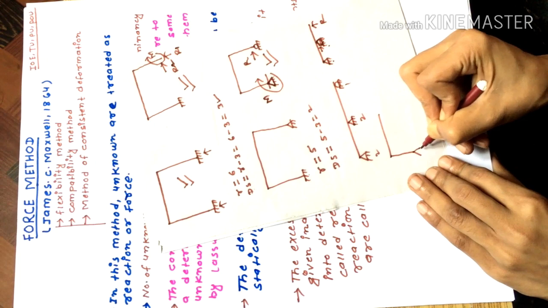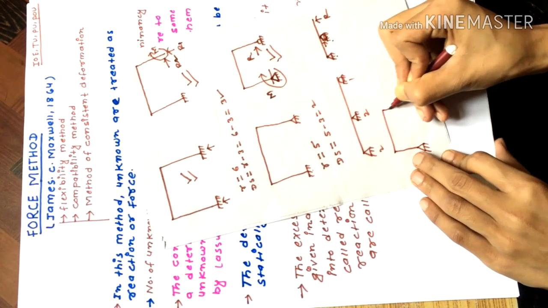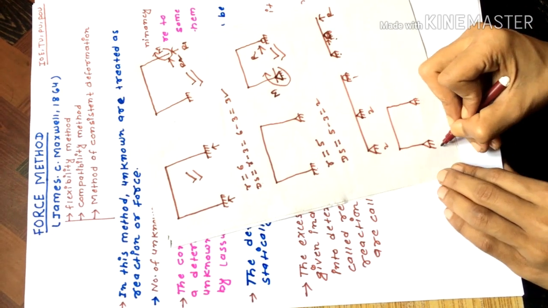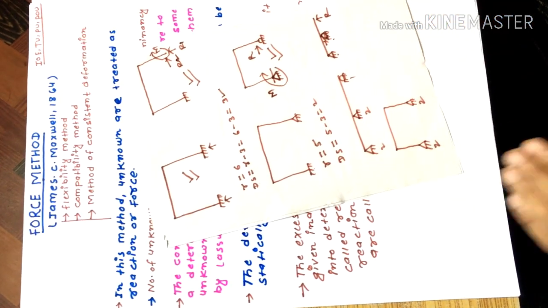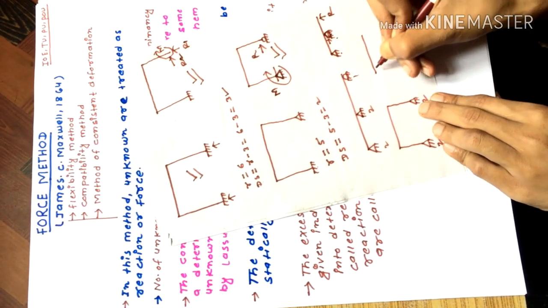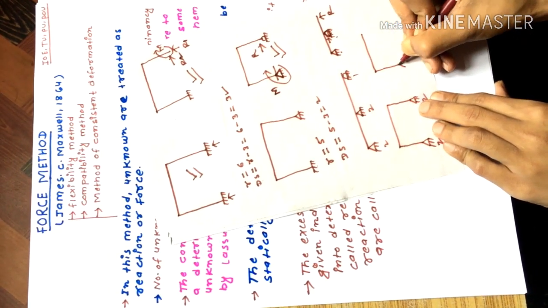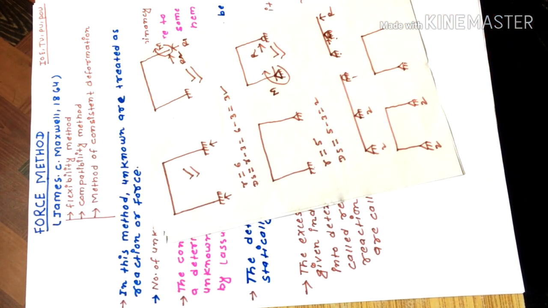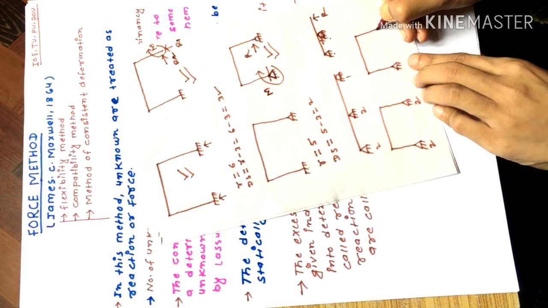In this way, let us analyze the case of a frame. Here this is a hinge support and this is also a hinge support. This is an indeterminate structure, and here the number of reactions is 4. So we have to remove 1 unknown.